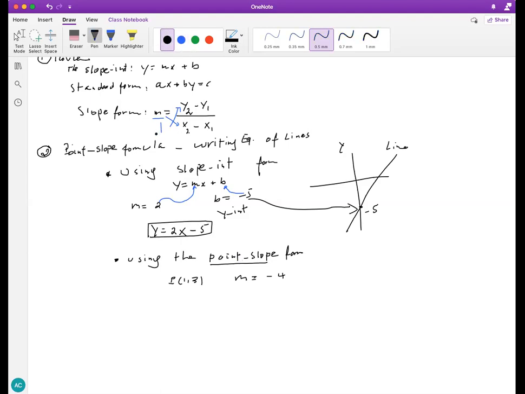Let's start with this side of the multiplication. We're going to multiply 1 by this numerator, y2 minus y1. Then you multiply that way: m times the denominator in parentheses, so m times (x2 minus x1).